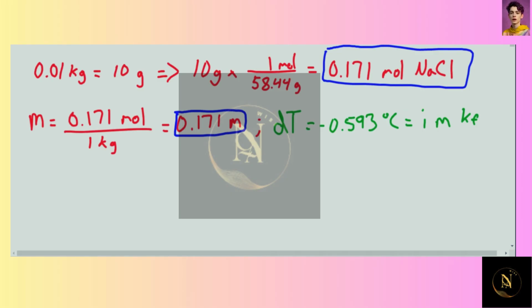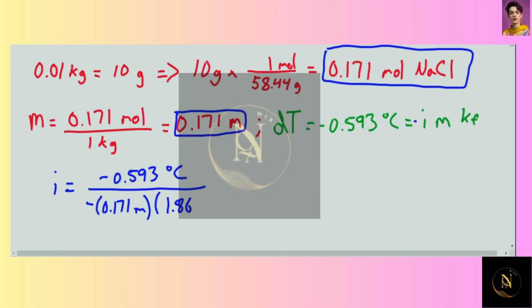And then the second part is to solve for the Van 't Hoff factor. So i is going to be equal to the dT divided by molality and the freezing point constant. So the molality we calculated as 0.171 m, and Kf we know is 1.86 for water.